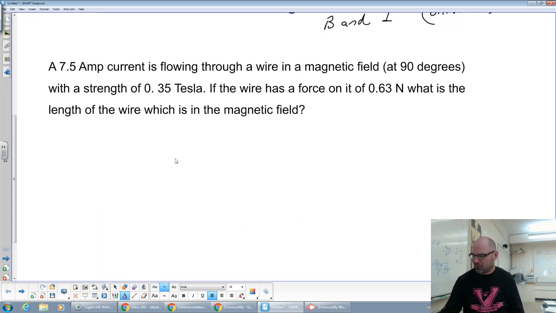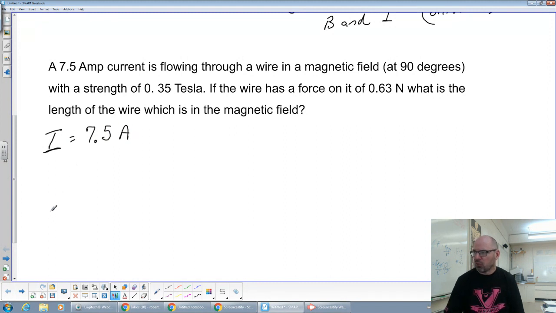The first thing I like to do is write down what we know here. We know that the current, which is capital I in our formula, is 7.5 amperes. We know that the magnetic field, which is B in our formula, is 0.35 Teslas.